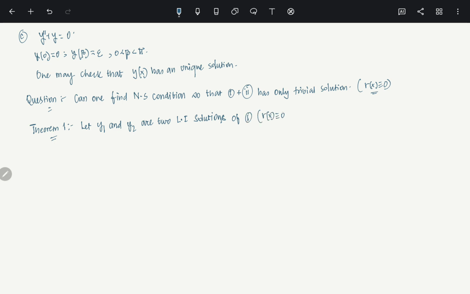I am not going to write it anymore, but it is assumed. Then the homogeneous boundary value problem, HBVP, has only the trivial solution.